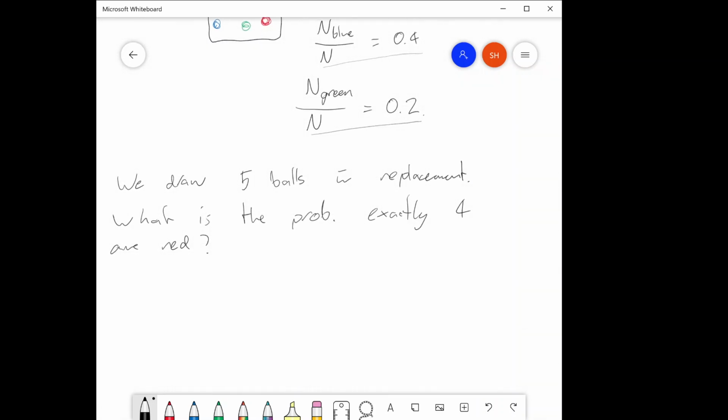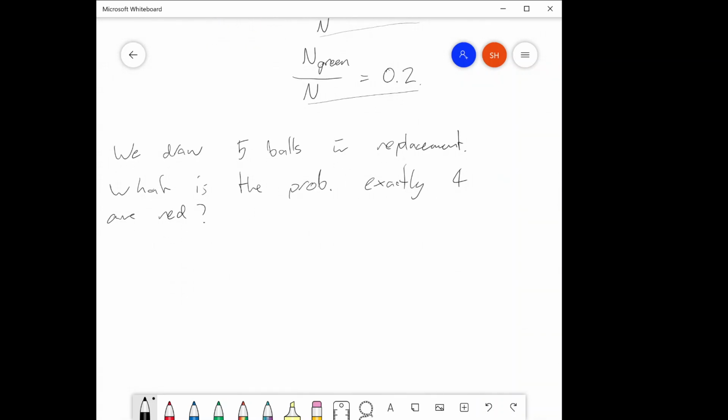Well, the natural sample space is what we've just introduced. So we're going to work with omega hat, which is vectors, or finite sequences, of non-negative integers, such that the sum over the different colors is equal to 5.